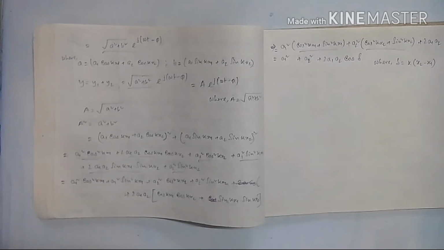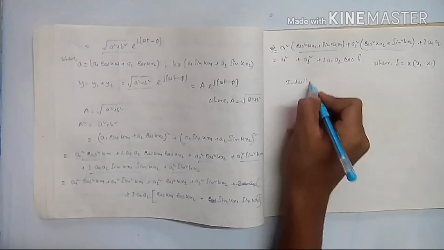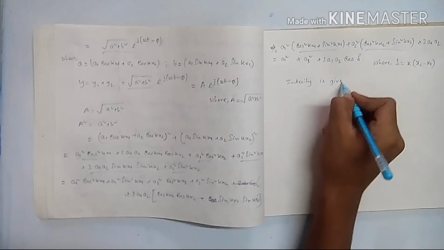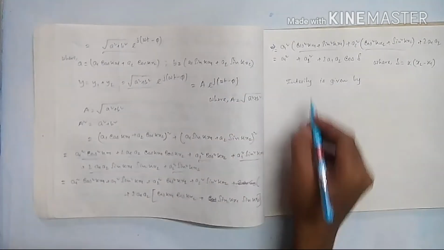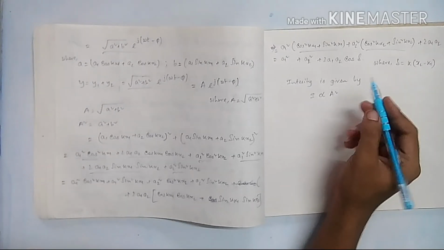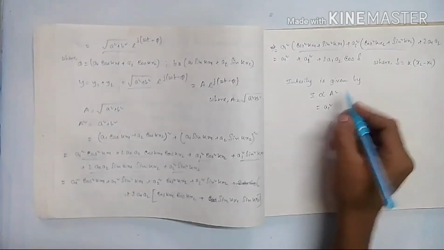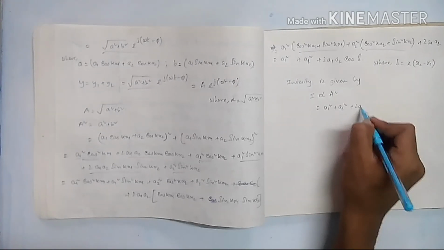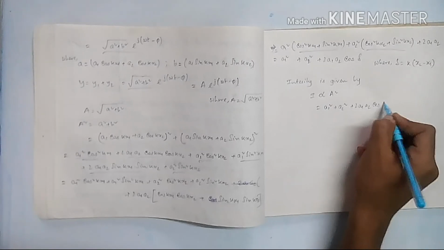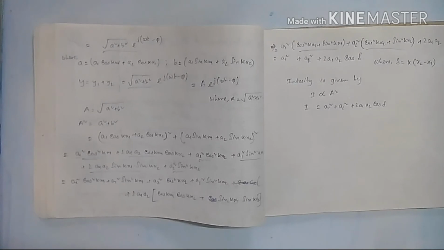So we can write the intensity I proportional to A square, and A square is A1 square plus A2 square plus 2A1A2 cos delta, where delta is k into (x2 minus x1).